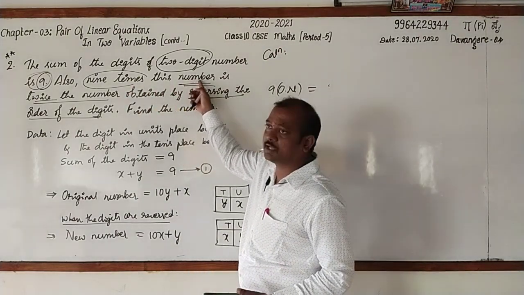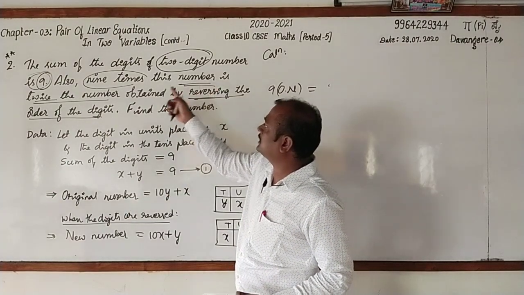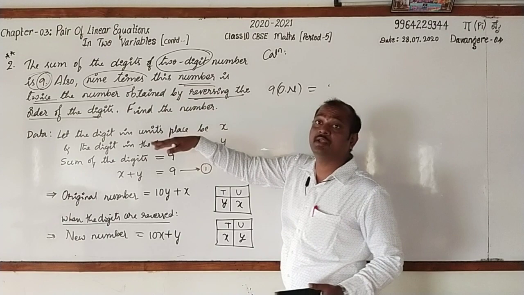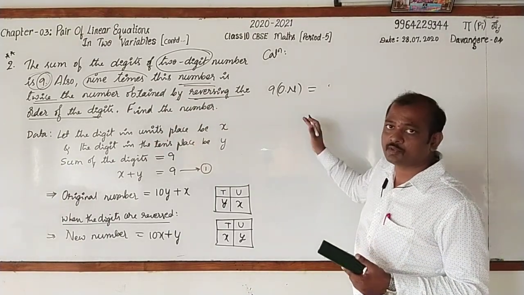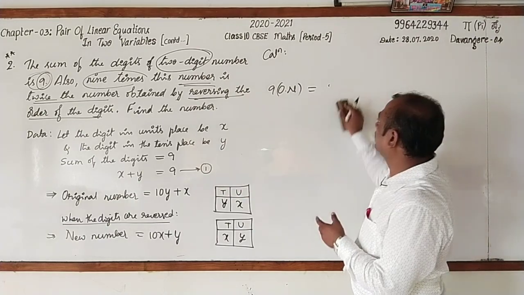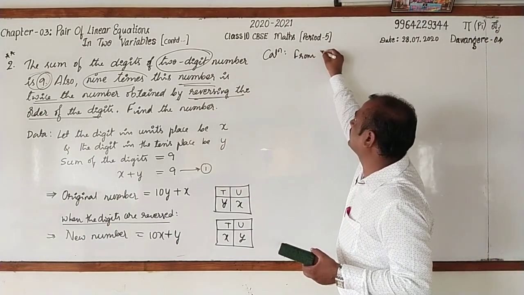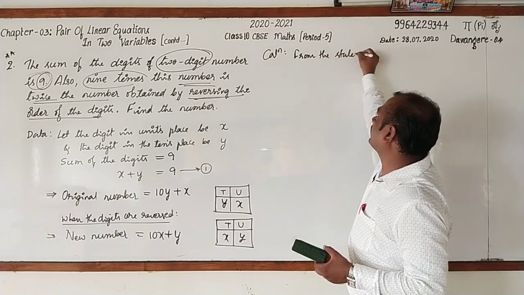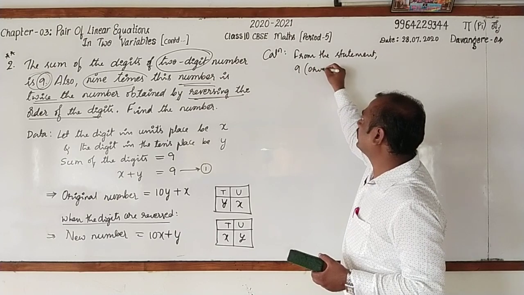Now let's move on to the actual statement. 9 times this number, that is the original number, is twice the number obtained by reversing the order of the digits, nothing but twice the new number. From the statement, you can write it as 9 times the original number equal to 2 into the new number.